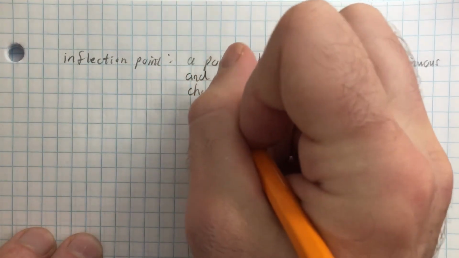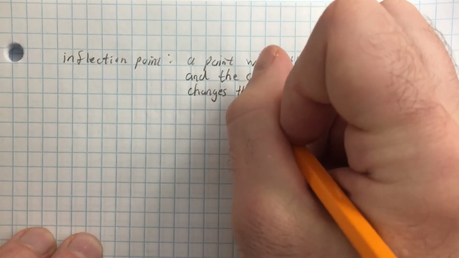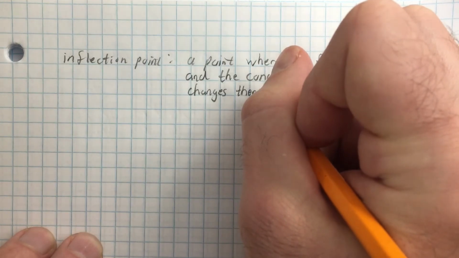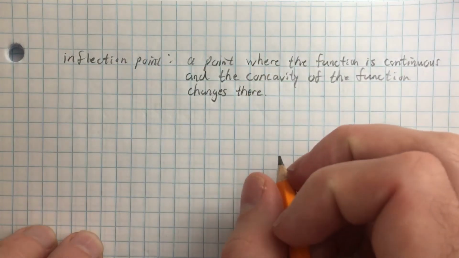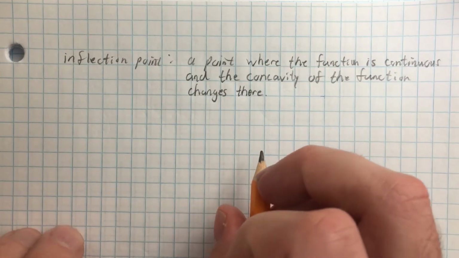Now it doesn't specify whether it changes from concave up to concave down or concave down to concave up. In my previous example, it changes from concave down to concave up at A. So A there was an inflection point.